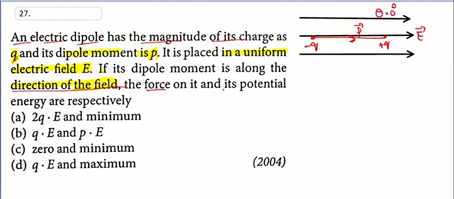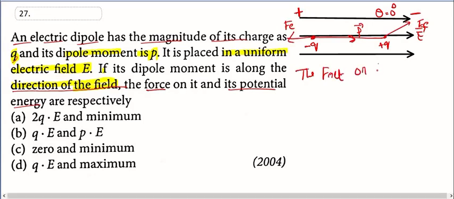The force on it and its potential energy are asked. The electric field starts from positive and terminates at negative, so the force Fe on each charge acts in opposite directions. The net force on the dipole becomes 0. So F is equal to 0.